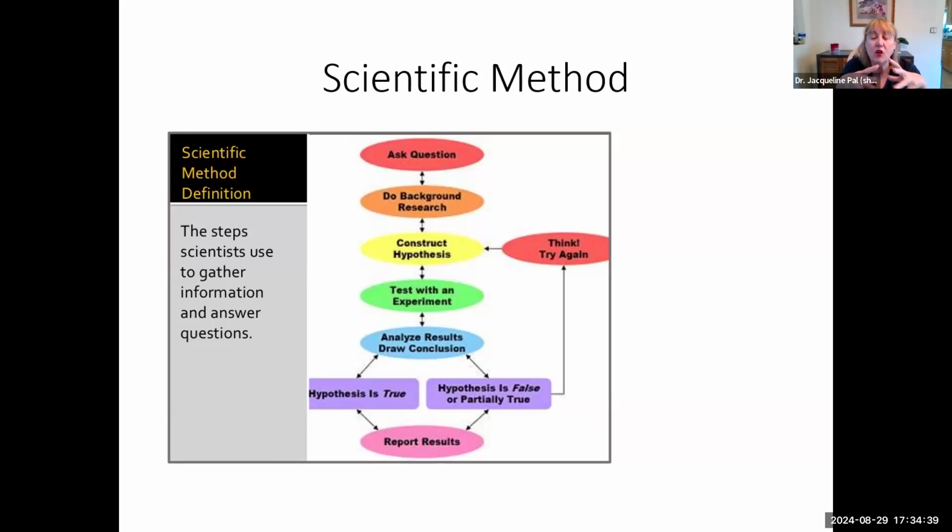And based on learning and your education, that's when you decide, how about let's try something, and you construct a hypothesis. If we do this, what is going to happen? You come up with a hypothesis that I think this is what would happen if we did X, Y, and Z, and you test it with an experiment.